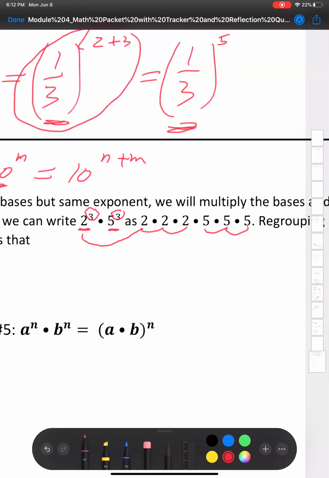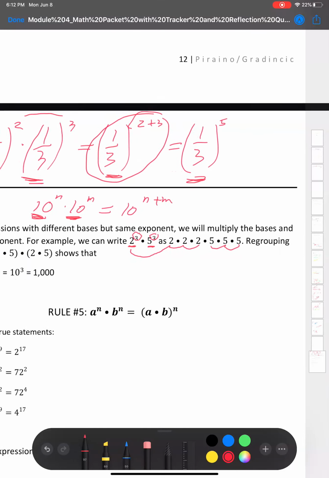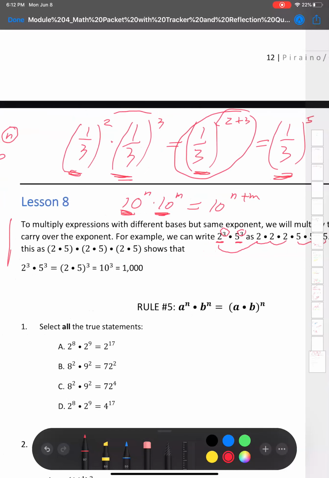Now we can regroup this, because we have three 2's and three 5's. We can regroup them and say 2 times 5 times 2 times 5 times 2 times 5. We can see that the base is 2 times 5, and we're multiplying that base with itself 3 times.